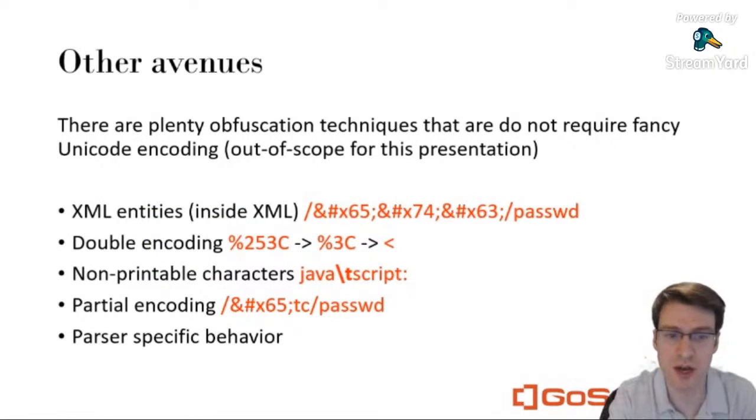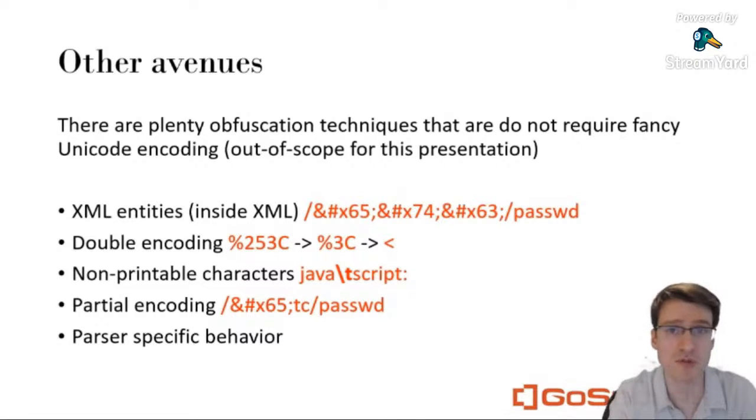Another option to consider, a simple option. For XML and HTML documents, you can simply encode with entities. You can use the Unicode value in decimal format, or if you have the hexadecimal code point, you can use the X. So here it's XML entities with the X format in the example.